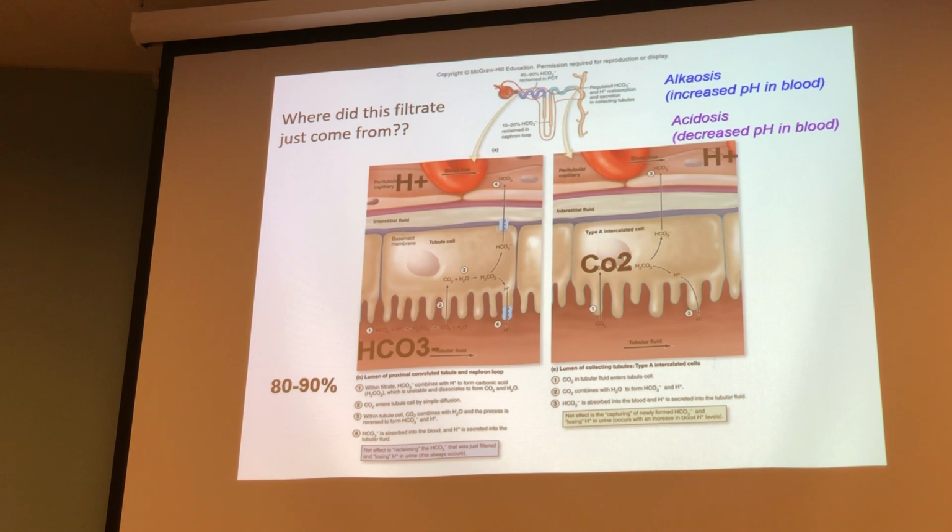Does this happen based on diet? Whenever your blood becomes acidic or alkaline, it could be diabetics, could be having respiratory issues. Anytime your blood becomes acidic or alkaline, we can do this, whatever the cause is. Okay, so you've got principal cells that respond to hormones.